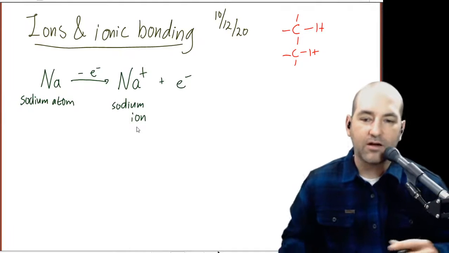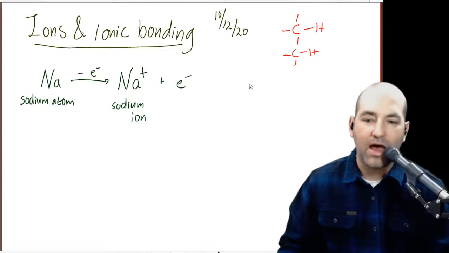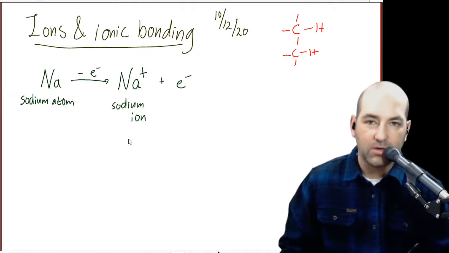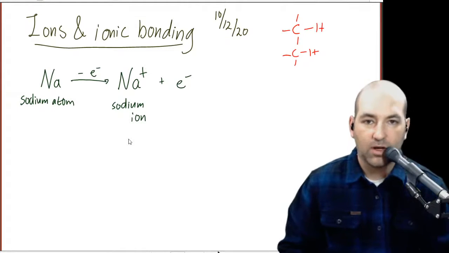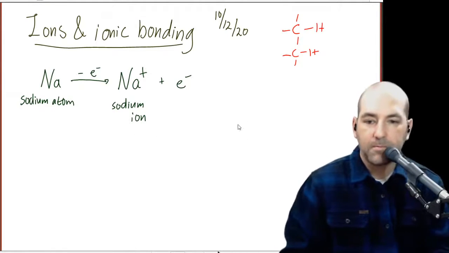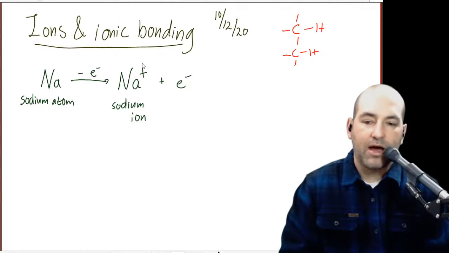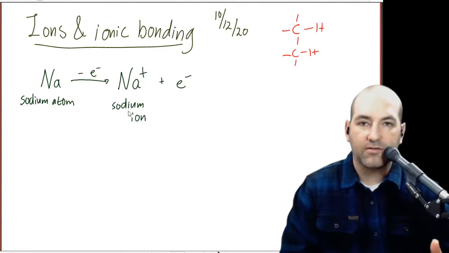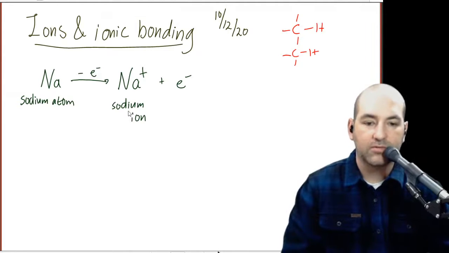So if you're not clear on how that works or why it's positively charged when it loses an electron, go back and watch that video again, where we talked a little bit about how to make ions and what ions involve. But this is now a sodium ion. It has a positive charge because it has an imbalance of electrons and protons. So it lost an electron, now it has one more proton.